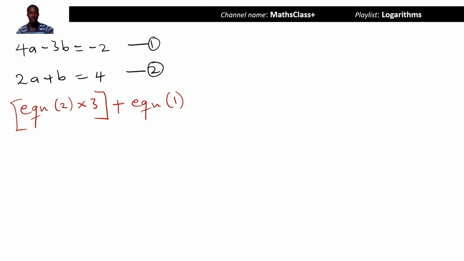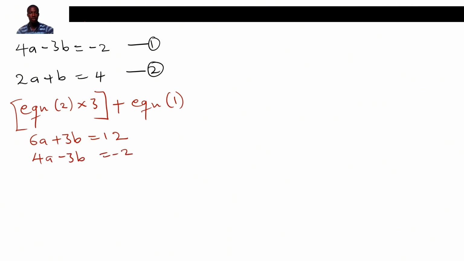So when I do the multiplication, I'm going to get 6a plus 3b is equal to 12. And then I'm adding this to 4a minus 3b is equal to negative 2. So when I do the addition, I'm going to obtain 10a is equal to 10. And that means that a is equal to 10 over 10, which is equal to 1.